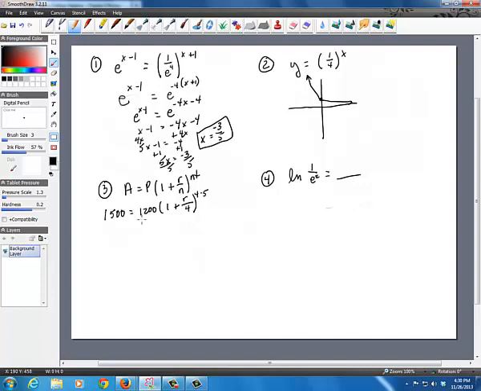So my first thing I'm going to do is divide both sides by 1,200. And when I divide by 1,200 on both sides, I end up with 15 over 12, and 3 goes into both of those, so I end up with 5 over 4.